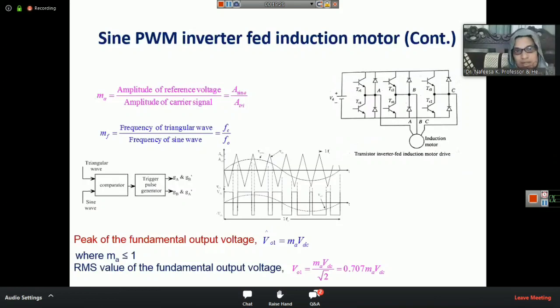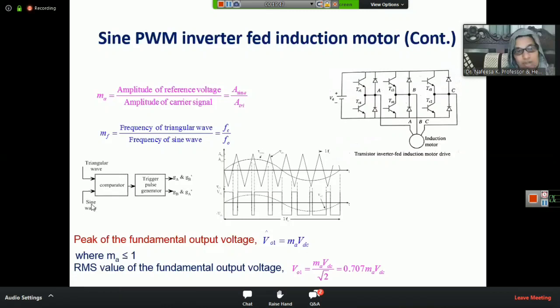Here we can see PWM is just a comparator. This is a block diagram showing the PWM operation in which we are giving two waves to the comparator. It compares a triangular wave with a control wave.